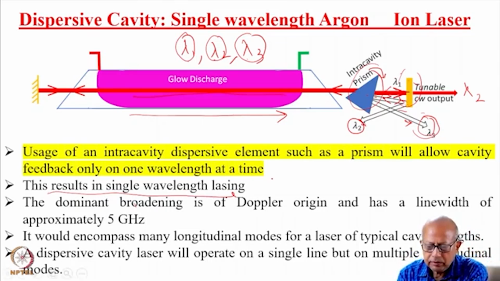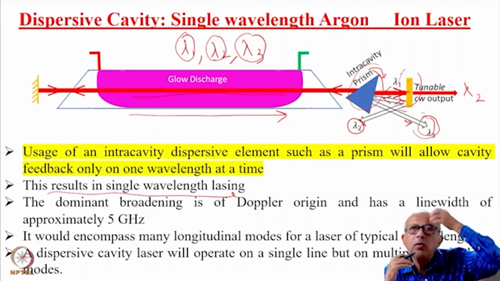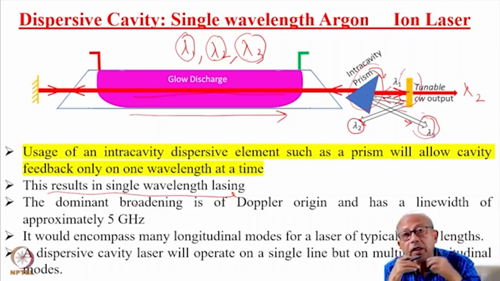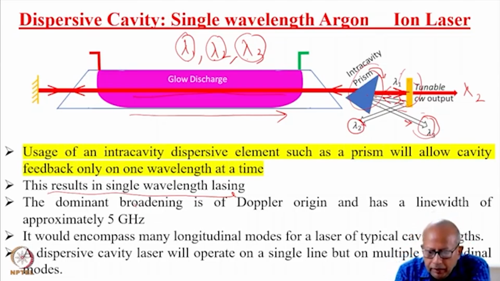Now let us explore what would be the monochromaticity of this argon ion laser and how does it compare with the monochromaticity of an atomic gas laser, say for instance the helium neon. So for this, let us go a little deeper.